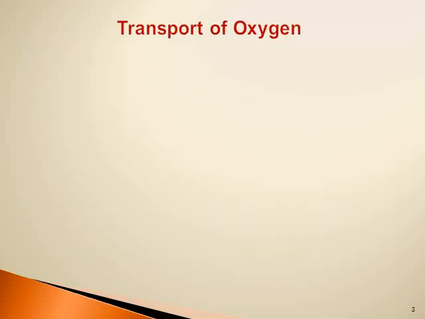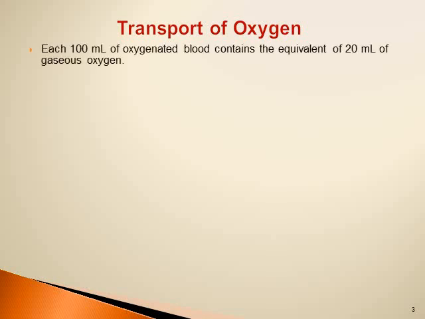Regarding the transport of oxygen in the blood, each 100 ml of oxygenated blood that is pumped from the heart into the systemic circulation contains the equivalent of 20 milliliters of gaseous oxygen.